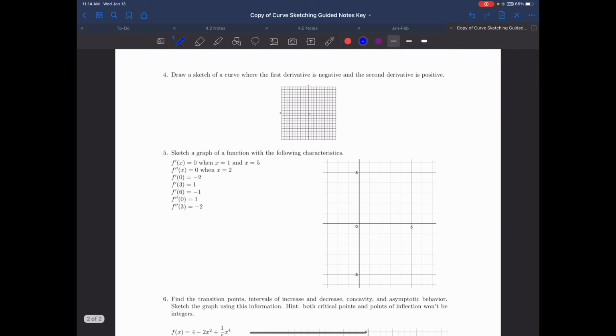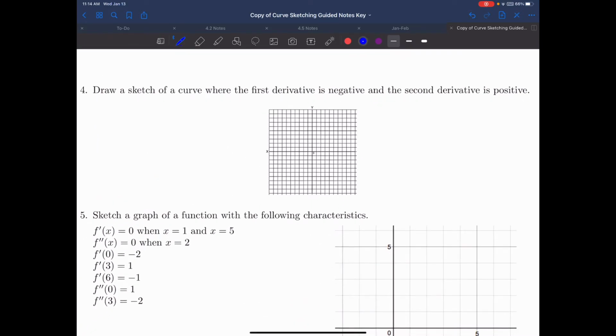Our next direction says draw a sketch of a curve where the first derivative is negative and the second derivative is positive. I'm going to keep writing these out even though it's repetitive. f prime of x is less than 0, so this is decreasing. And f double prime of x is positive, so this is concave up.